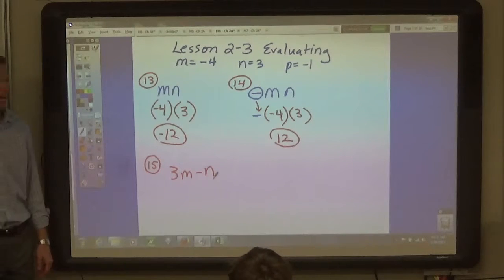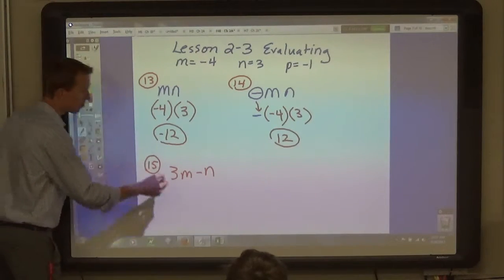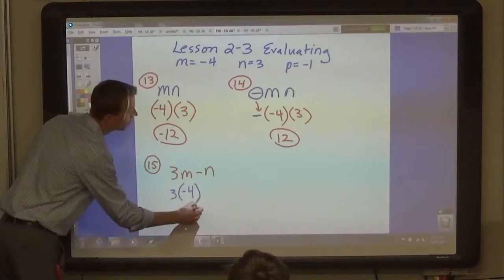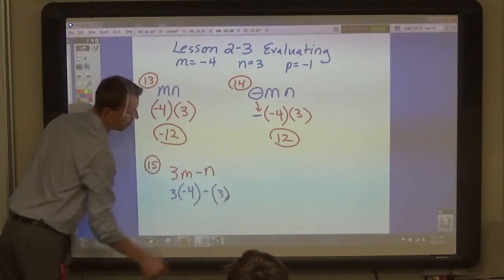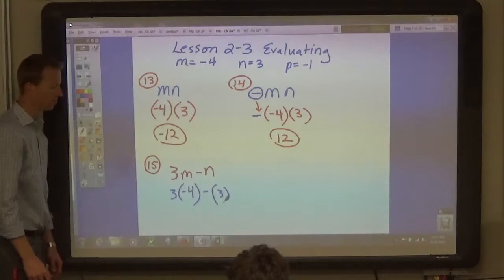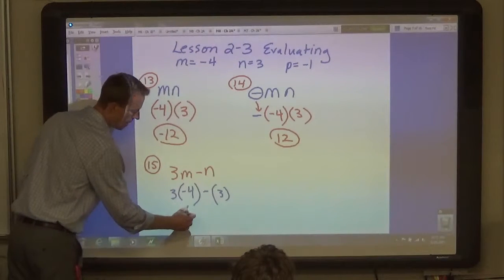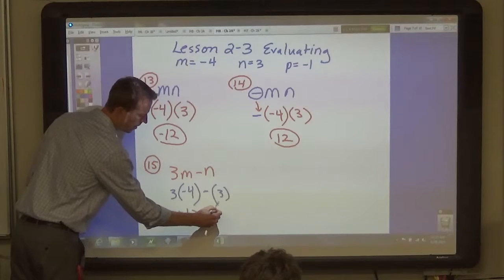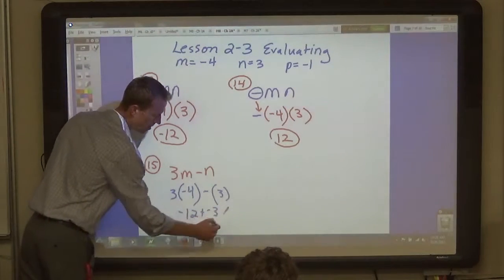How would you substitute that and evaluate it? 3 times negative 4 minus 3. Right? 3 times negative 4, minus 3. Put it in parentheses. Negative 12 plus negative 3, right? So that's negative 15.